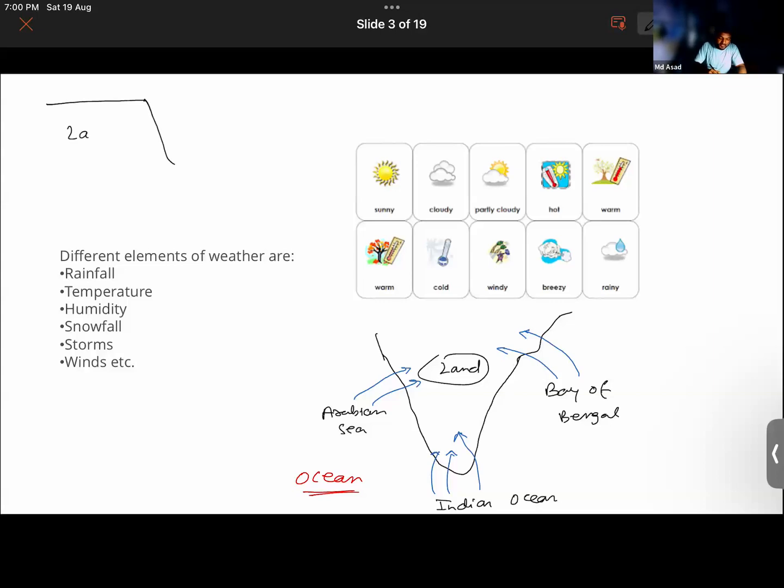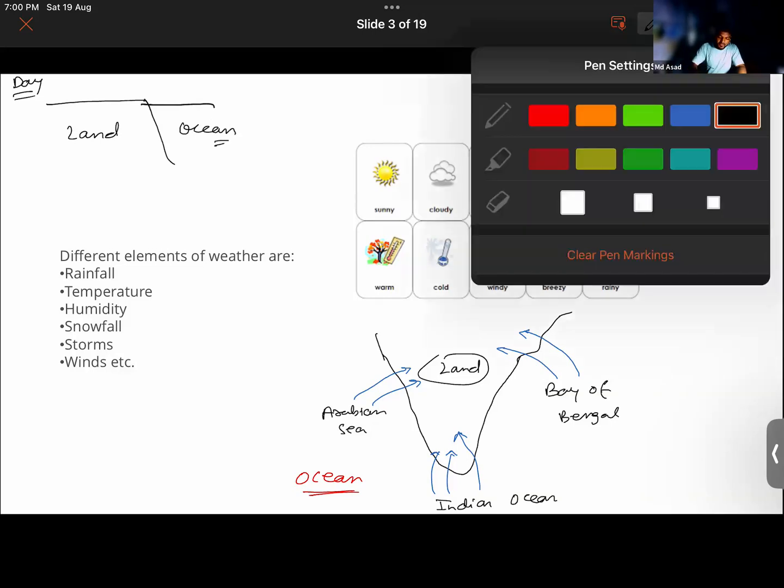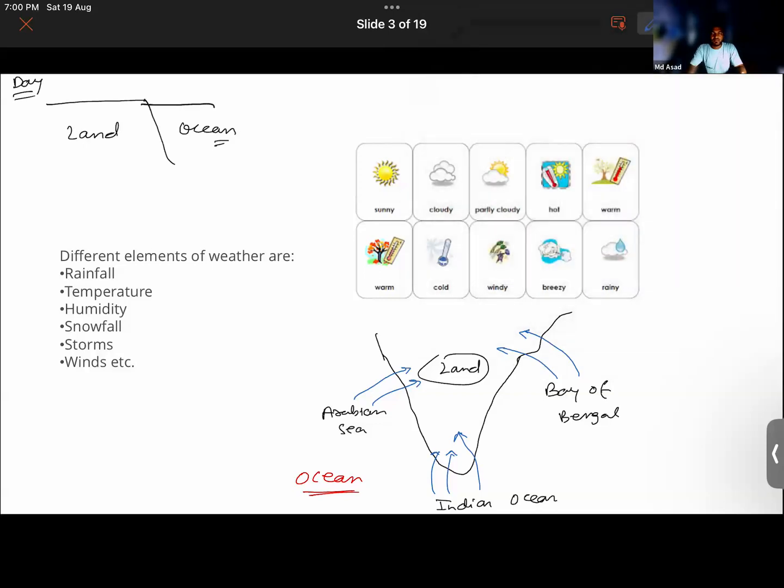So say during the day, we are talking about daytime. This is your land surface. This is your ocean. Just giving an example here. We already know that the air above the land heats up faster and cools faster, while the ocean surfaces heat up slower and cool down very slowly.